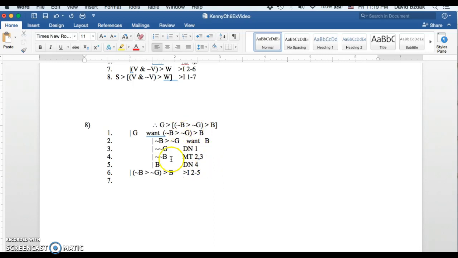Now that's what we wanted from our first one, so we come all the way back to the original scope line. And again, that's by conditional introduction 1 through 6.